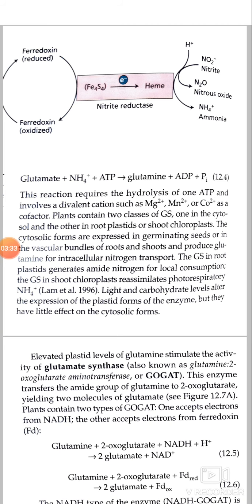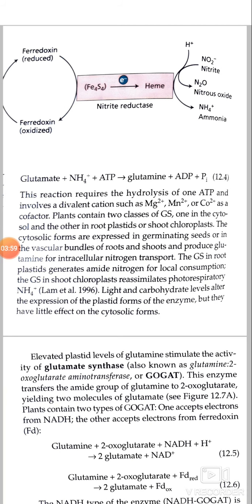re-assimilates photorespiratory ammonium. Light and carbohydrate levels alter the expression of the plastid forms of the enzymes, but they have little effect on the cytosolic forms.